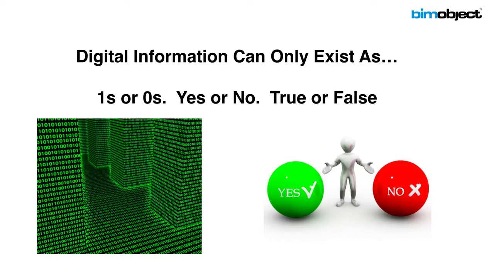Again, there's no interpretation. If it's a 1 or a 0, it's a 1 or it's a 0. Yes or no, green, red. There's no debate. There's no question. There's no maybe green. There's no orange. It's true or false. And that's key.